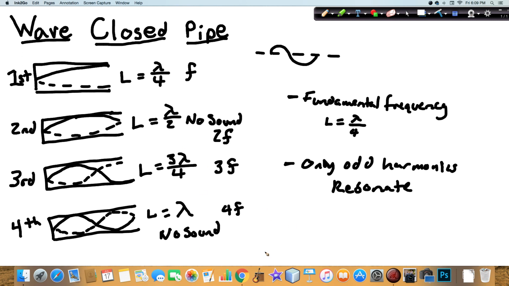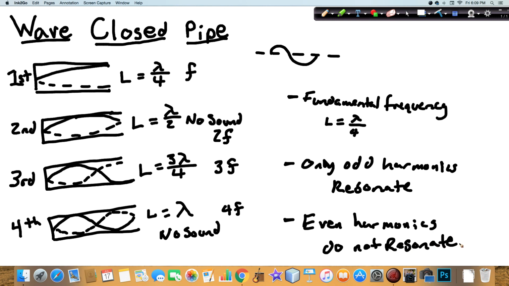Even harmonics, no resonance. We'll write that down here: even harmonics do not resonate. All right, so that's how you can figure out how waves and resonance work in pipes closed off at one end.